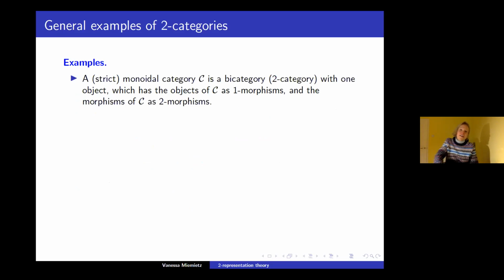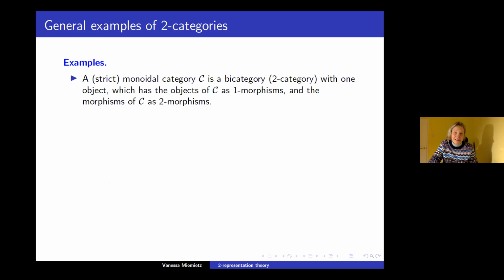Okay, so here are some examples. I said most people here will be familiar with 2-categories, but those who are not are surely familiar with monoidal categories, given that the conference title is something like, I've forgotten it, but it's something like representations of monoidal and 2-categories.